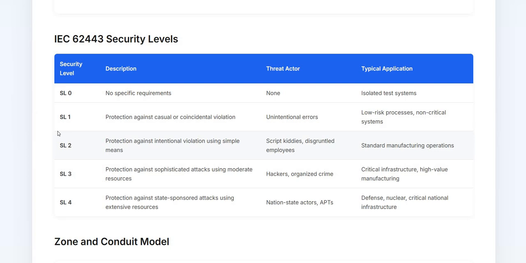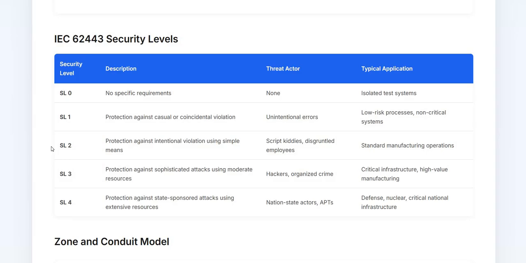And security level 2 raises the bar. Now the system is expected to withstand simple intentional actions like basic scripts or insider misuse. And this is where most normal production environments sit. Security level 3 assumes attackers who know what they are doing and have time and tools.